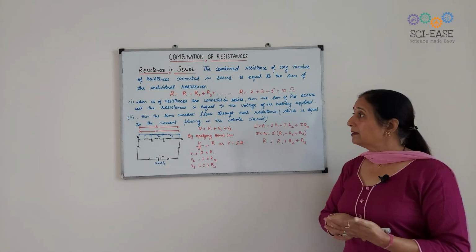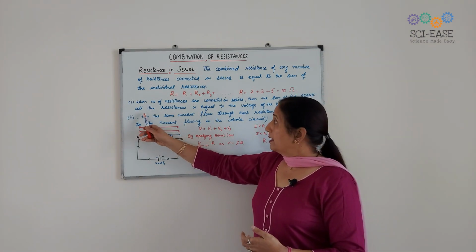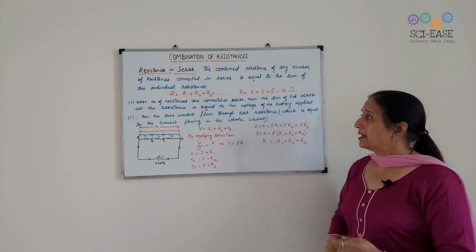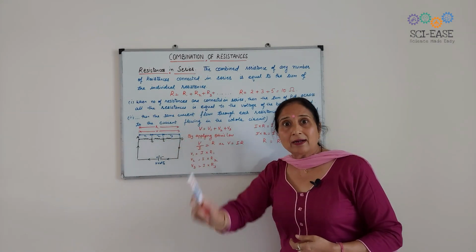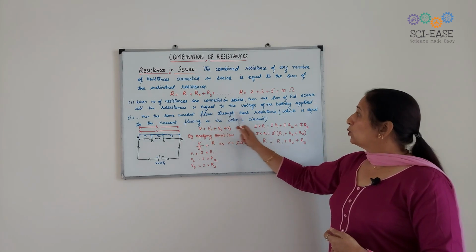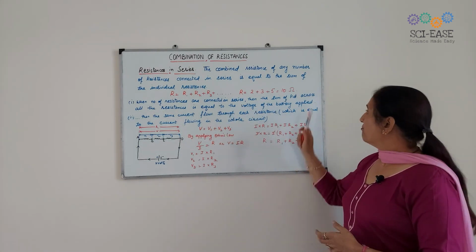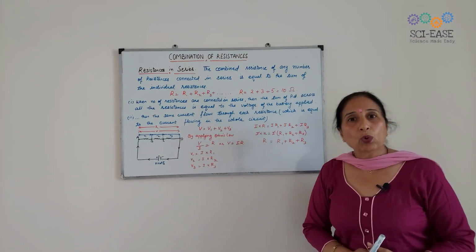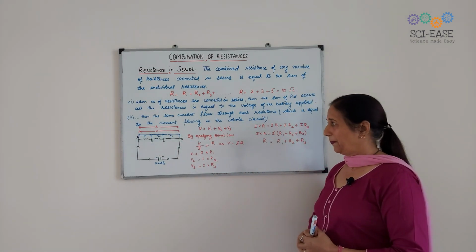And second, when resistances are connected in series, the same current I will flow through each resistance, which is equal to the current flowing in the whole circuit.